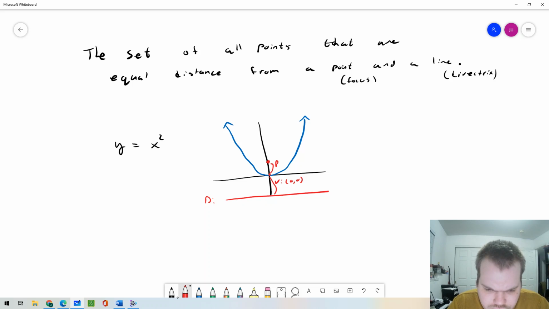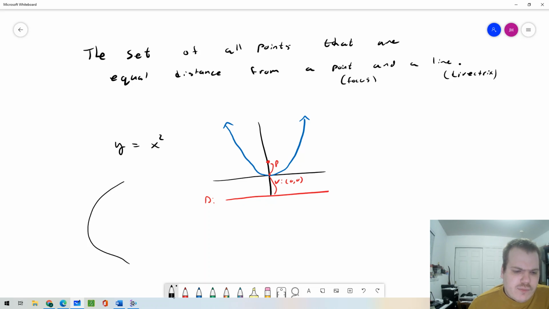Now, what's really special about the parabola is, if you think about a dish shape or some kind of satellite thing, have you ever wondered why it's a parabolic shape and then it's got the sensor right here? Well, a parabola has the unique property that anything that comes in, if I shine light or radio waves or whatever, wherever it hits on this parabola, it's going to bounce it back to this focal point.